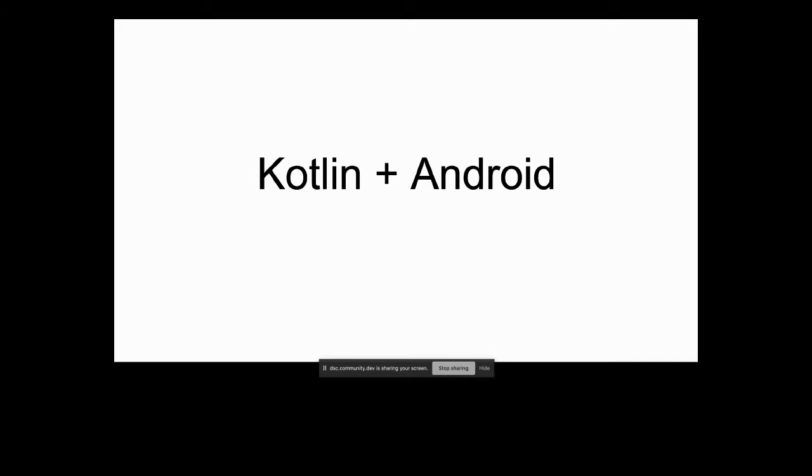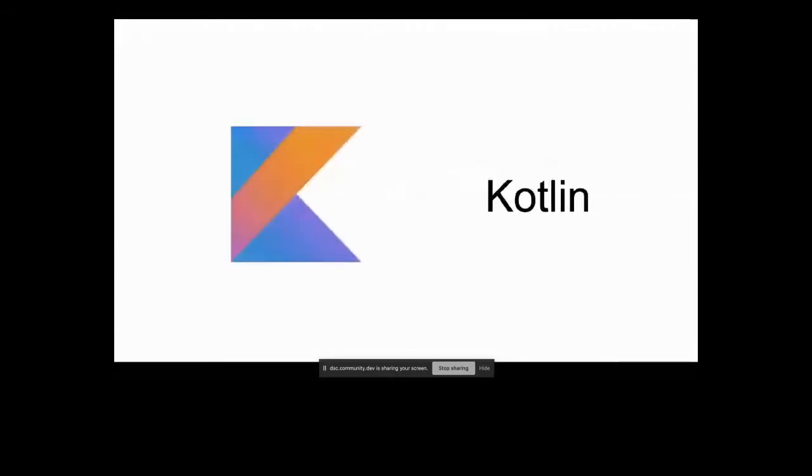I think in 2018, Kotlin became a first class language in Android. What does first class language mean? It means that whenever the Android team wants to roll out a new library or new features in relation to Android, they'll be done Kotlin first, then Java later.